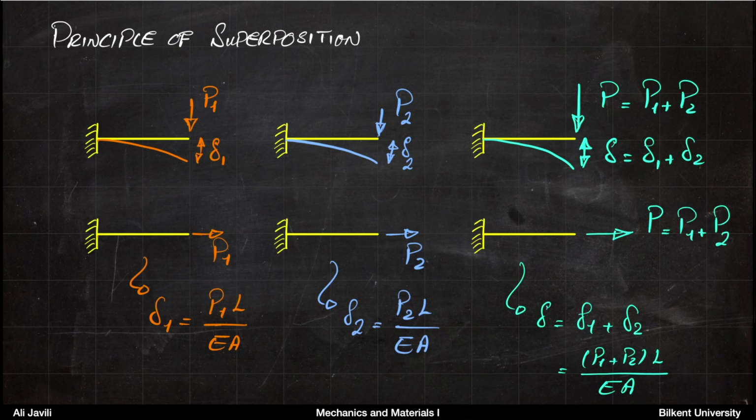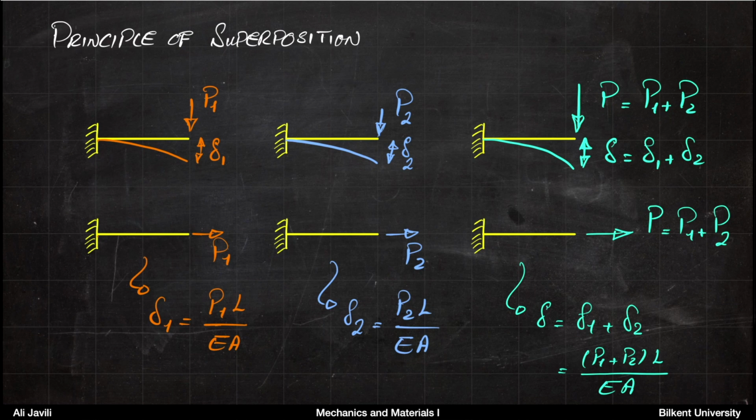We can think of the same problem in terms of, let's say, an extension test or an axial loading. That is the purpose of this particular lecture. So if you think of that beam now, and you apply a force P1, as we learned previously, you get delta 1 equals P1L divided by EA. Then you take the same beam, you apply P2, and for that matter, you get delta 2, that is P2L divided by EA.